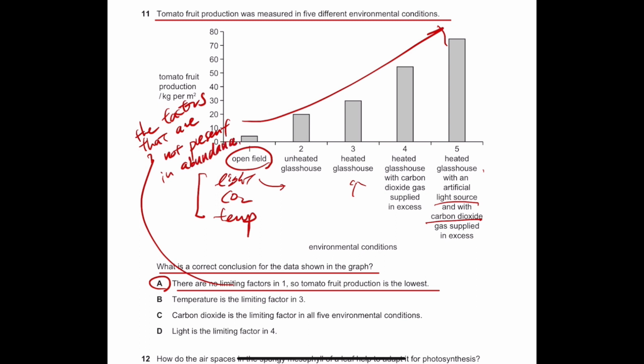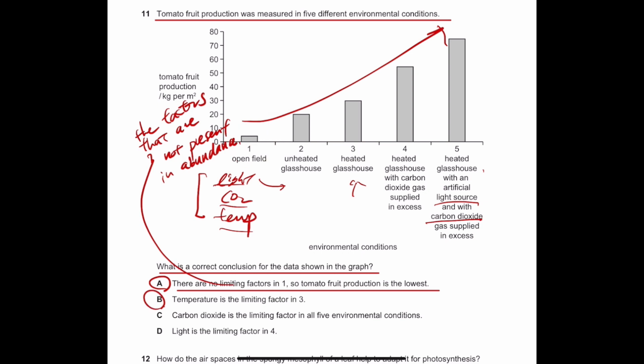Okay? So, can we say that there's no limiting factor in open field? No. It's just that it's not mentioned here. The open field might have light, CO2, or temperature as the limiting factor. It's just not mentioned in this part only.